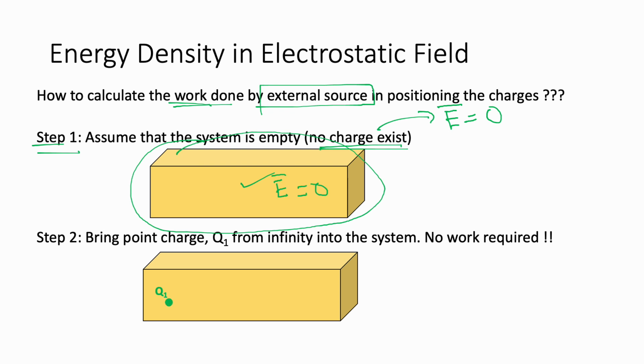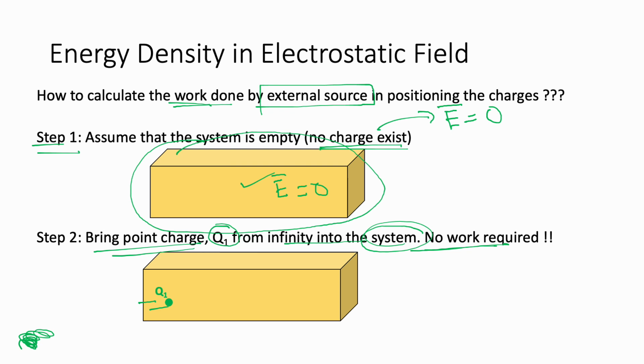Now we want to bring a point charge, which is Q1, from somewhere outside of the system into the system. Since we just bring it from somewhere else, and that system doesn't have any energy, it doesn't require any work.